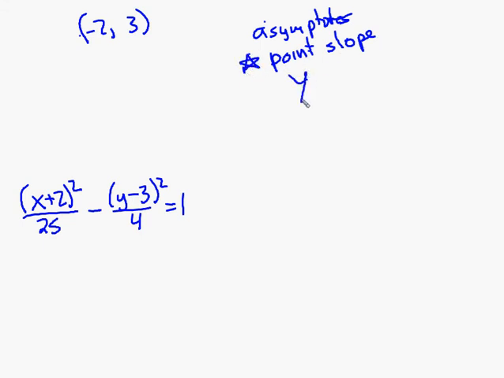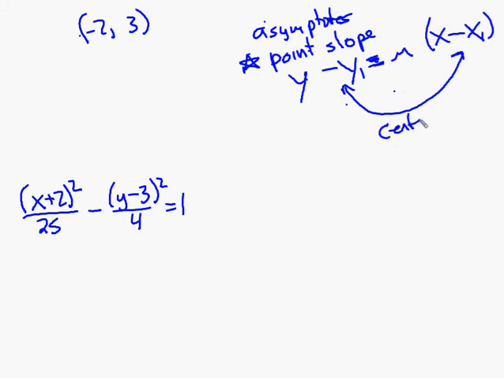So y minus y1 equals m times x minus x1. Well, we know y1 and x1 because our asymptotes always go through the center. So this is the center, my h, k. So it's going to be y minus 3 equals m times x plus 2. But the question is, well, what is my slope?